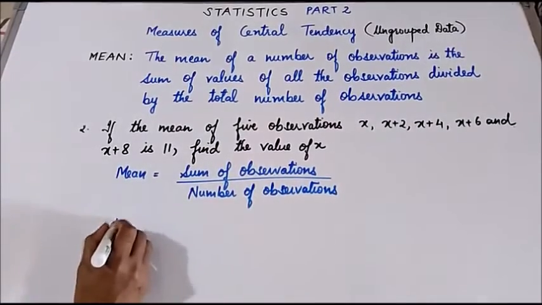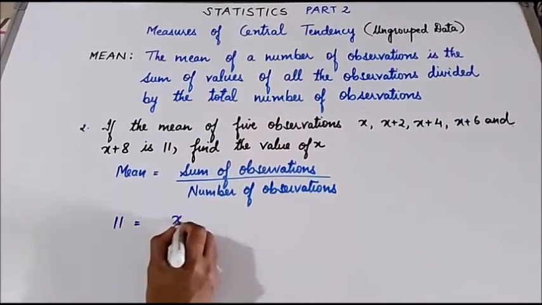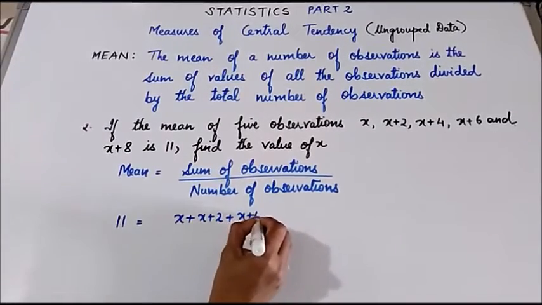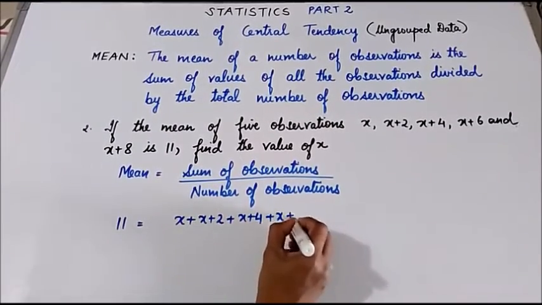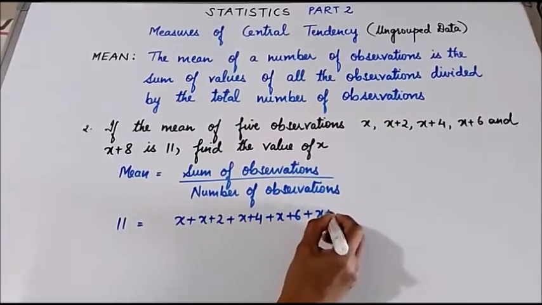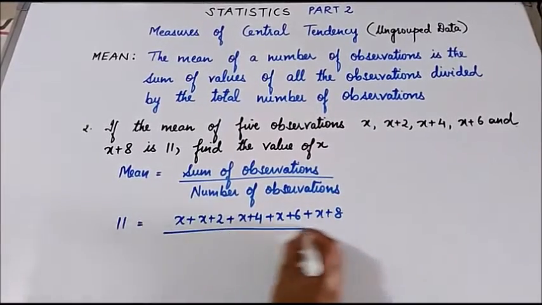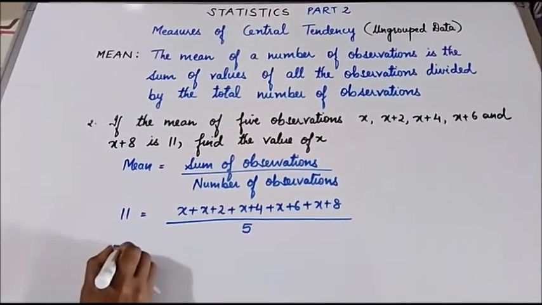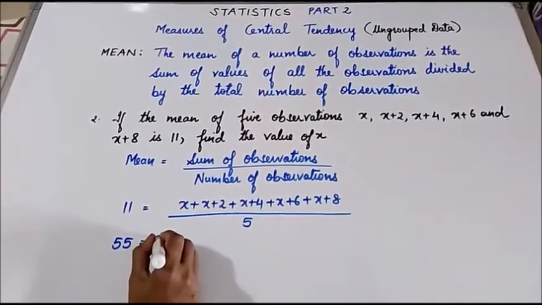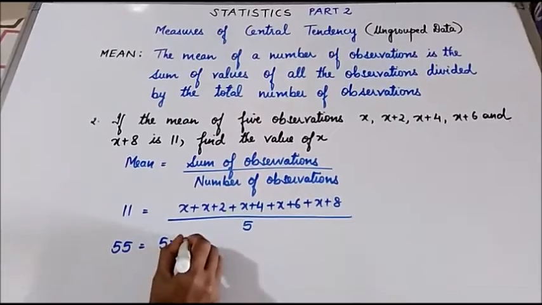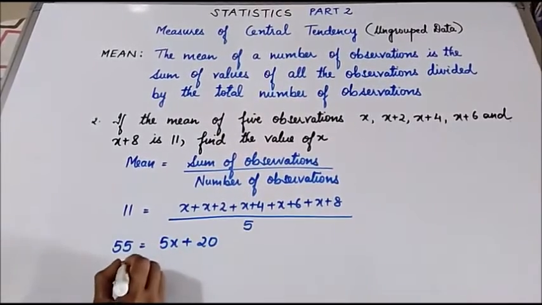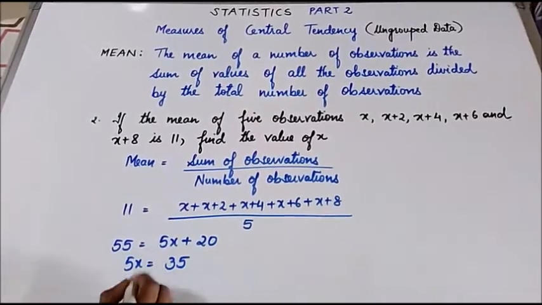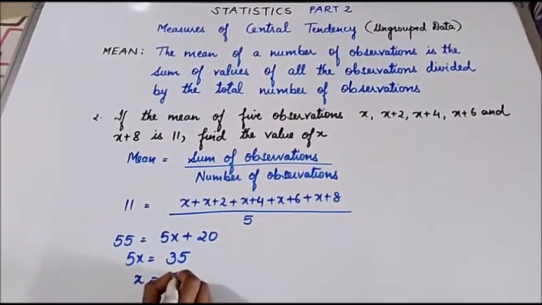What is the mean given to us? 11, and the observations are x, x plus 2, x plus 4, x plus 6 and x plus 8. How many observations are given to us? 5. So the number of observations is 5. We get here 55 is equal to 5x plus 20, that is 5x equals 35, x equals 35 by 5, that is 7.